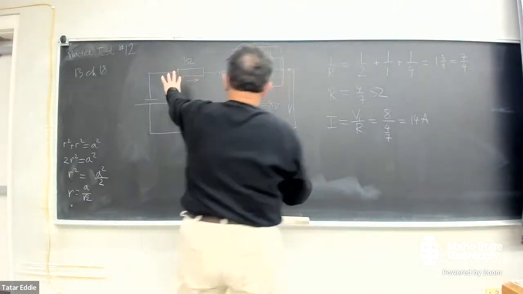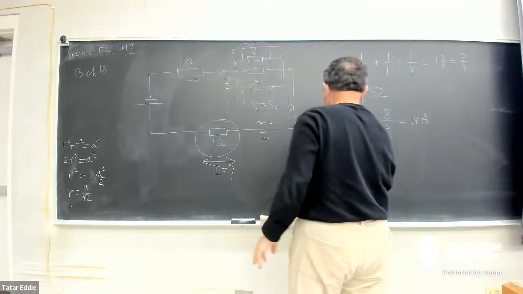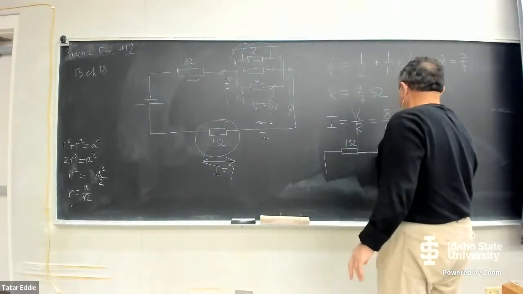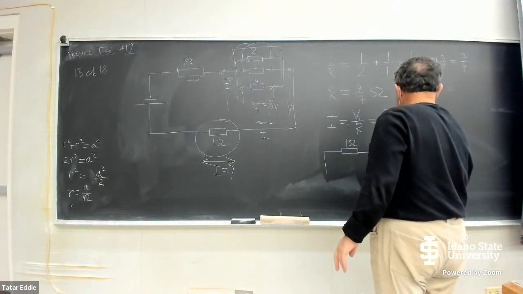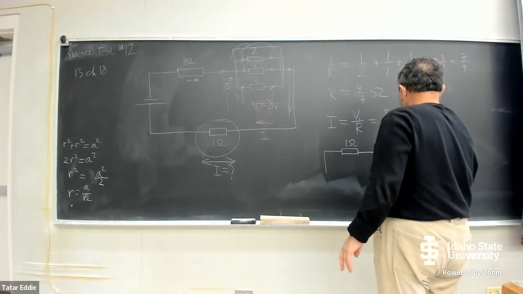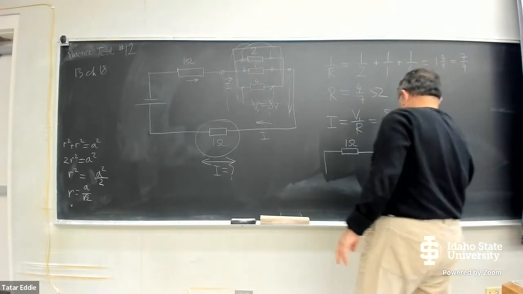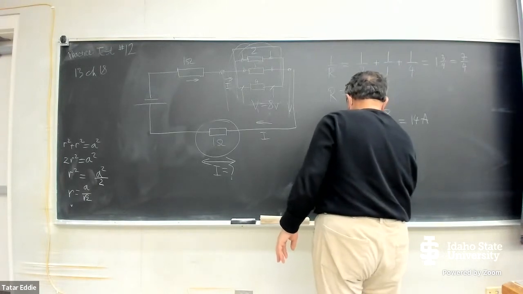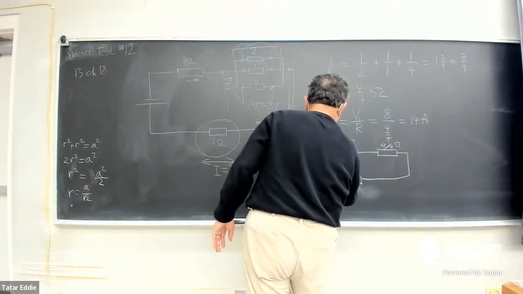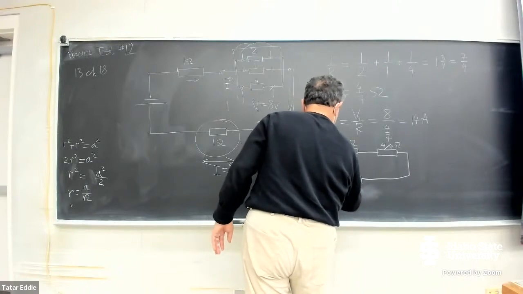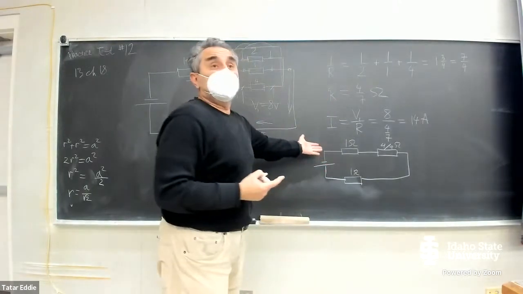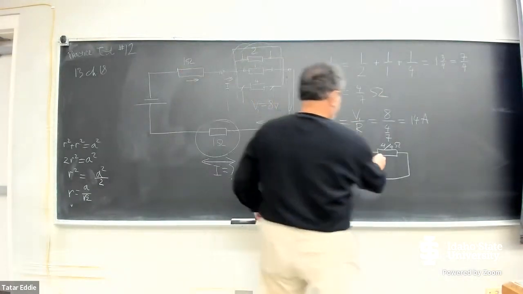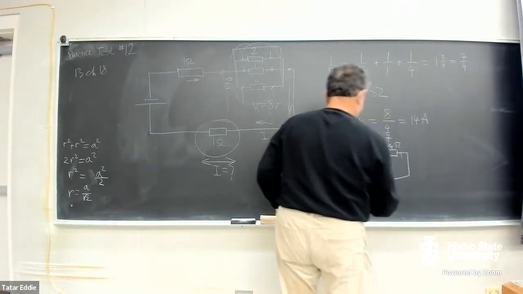So look, this circuit now looks, after you replace that combination, like this. This is 4/7 ohm. And this is again 1 ohm. And here is the battery. So now in this circuit, you have everywhere the same current, and it is 14. But the voltage here is 8.